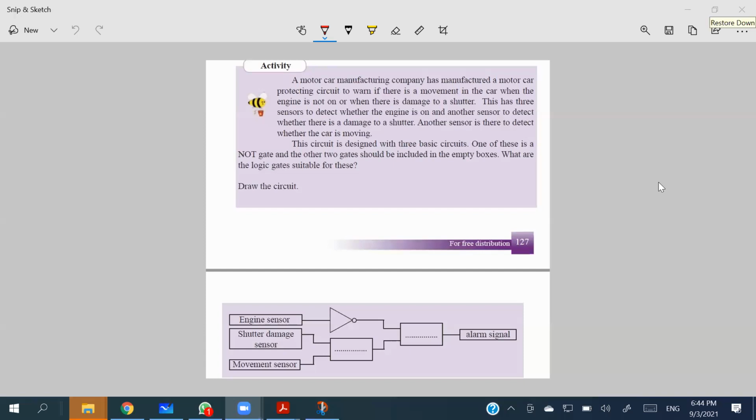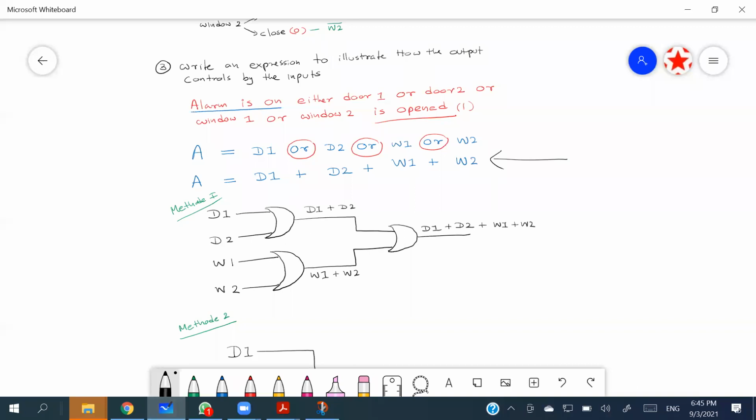Dihan, yes, I think they are asking you to write the gates which need to be put inside the empty boxes, right? That is what they are asking basically. Right. Okay, let's discuss this. Now, when you are doing this question, you have to read this very carefully. Otherwise, you are going to mix the things up. Right?